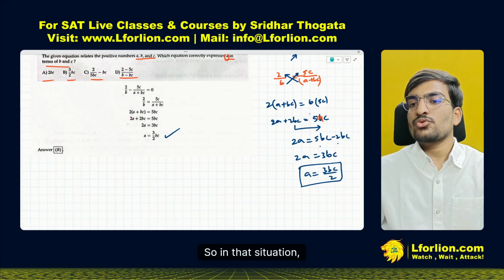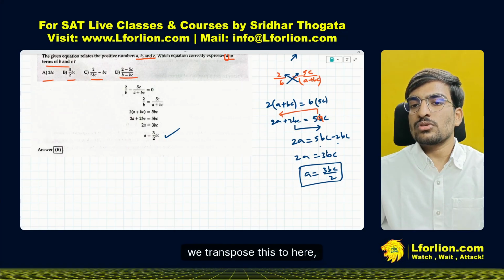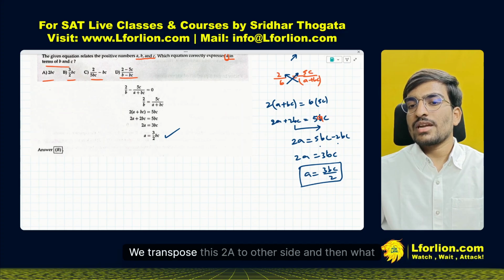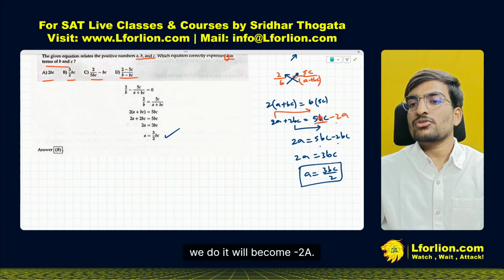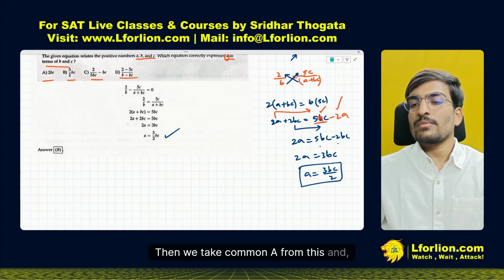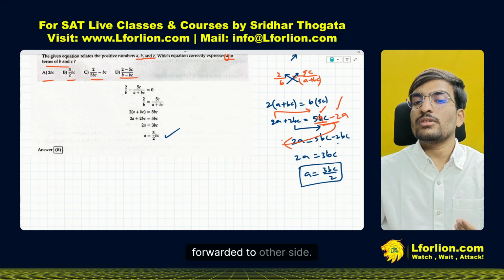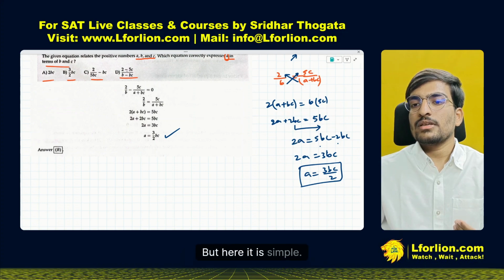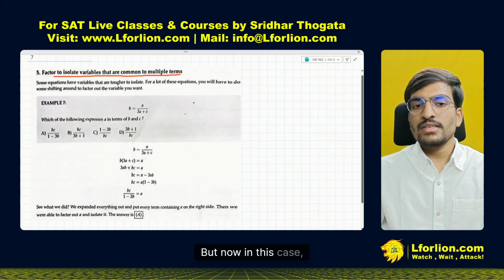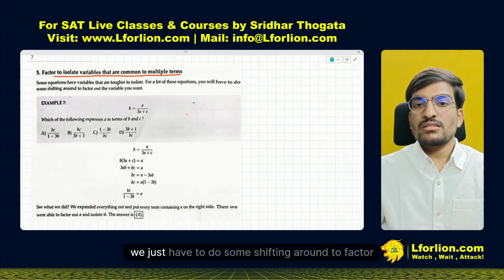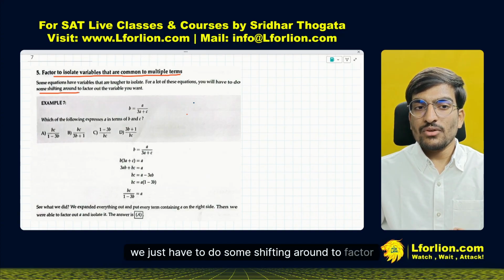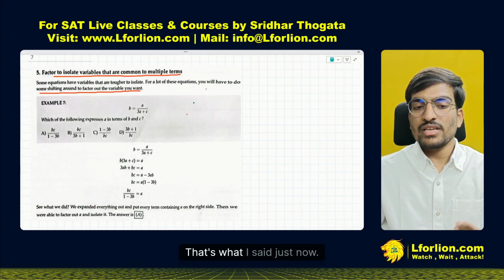In that situation, we transpose this 2a to the other side, and it will become minus 2a. Then we take a common from this, and whatever remaining part is there will be forwarded to the other side. But here it is simple. In this case, we just have to do some shifting around to factor out the variable you want. That's what I said just now.